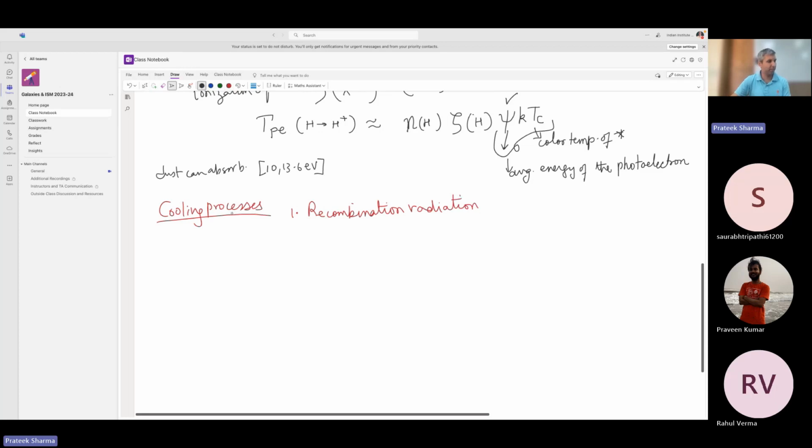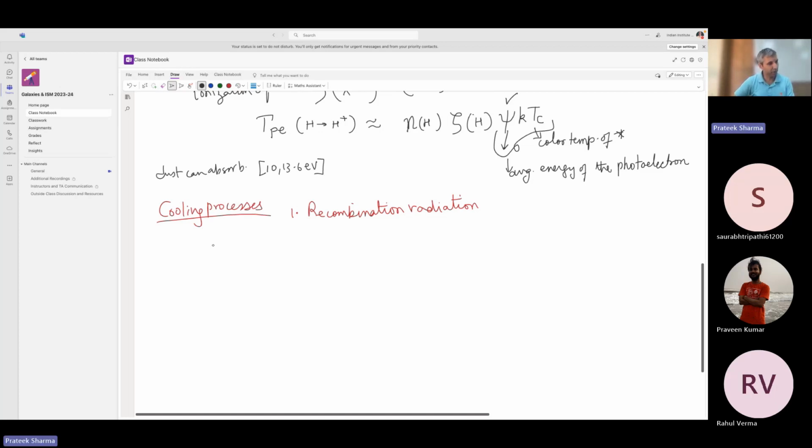So what is recombination radiation? An electron with some kinetic energy recombines, and that energy produces a photon. That photon leaves the system, and that's an energy loss. It cools the system. Okay.